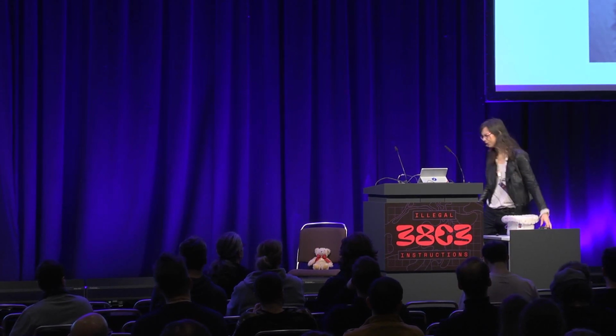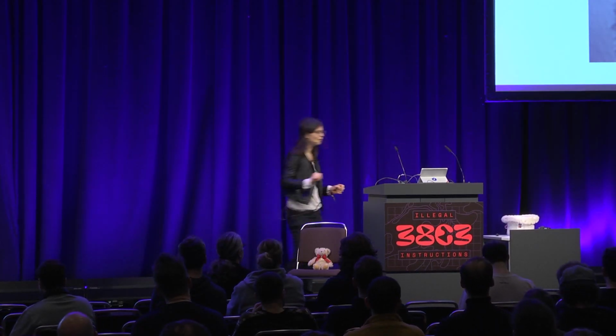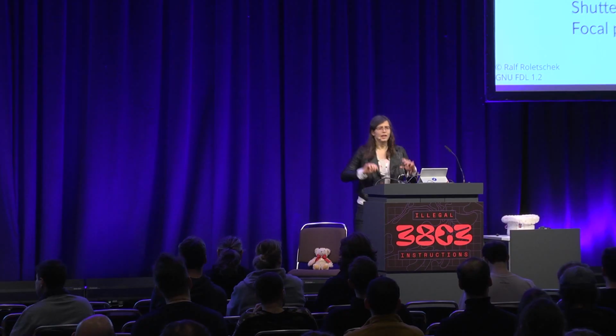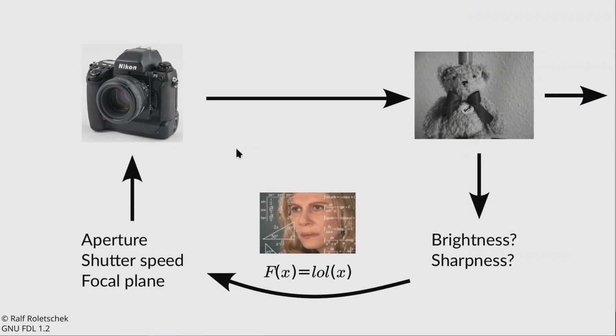But what did I just do? I repeated the same sequence, almost the same, a couple of times. I created a feedback loop, because first I evaluated the brightness and the sharpness of the pictures, and then I repeated the same sequence by changing the parameters of taking the picture until I was happy with it.